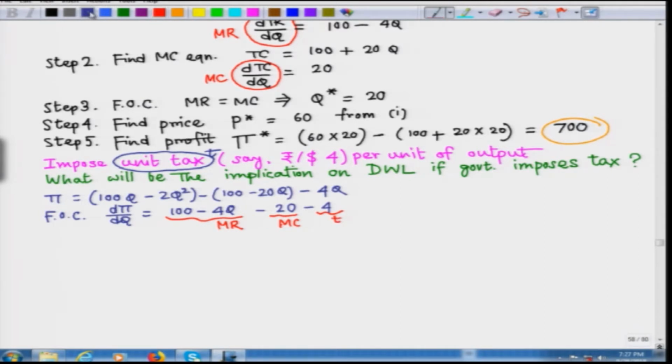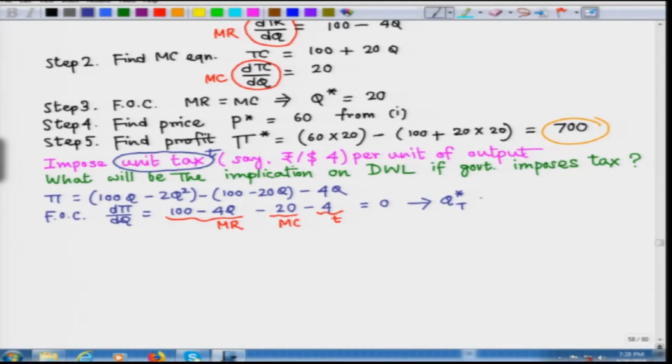Okay. So, now we can set that equal to 0, and then from there if we solve for q from this first order condition, we get what? We get q star, and I use T subscript to denote the equilibrium output of monopoly after tax imposition.